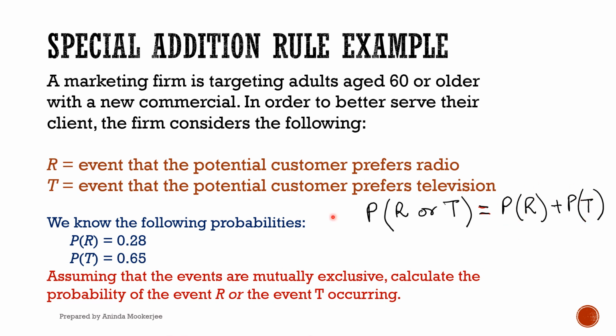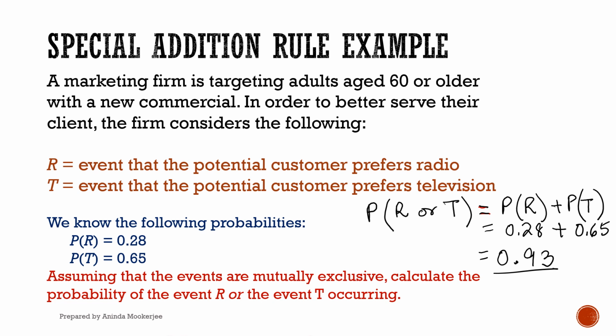That will give you the probability of R or T. So the probability of R is given to us as 0.28 plus 0.65, which will give you a result of 0.93. That's going to be the probability.